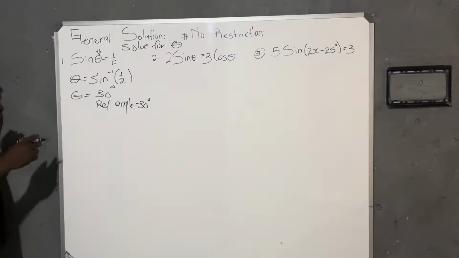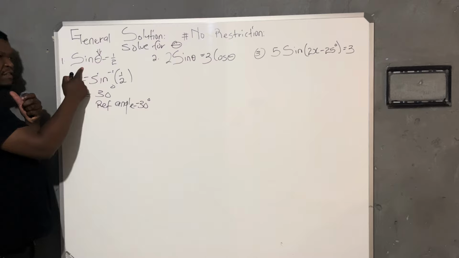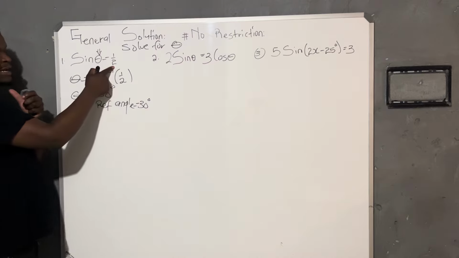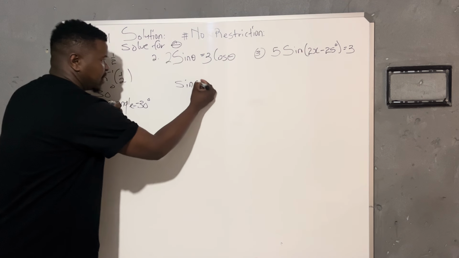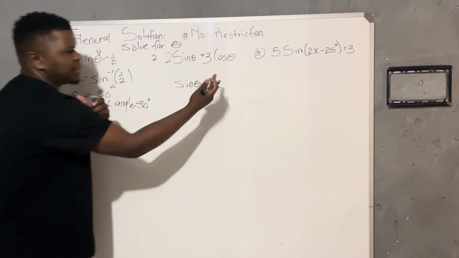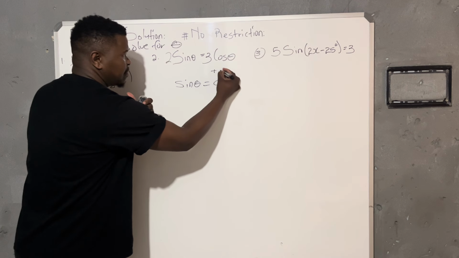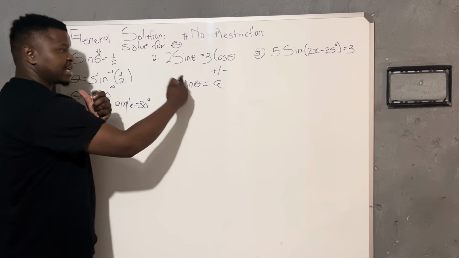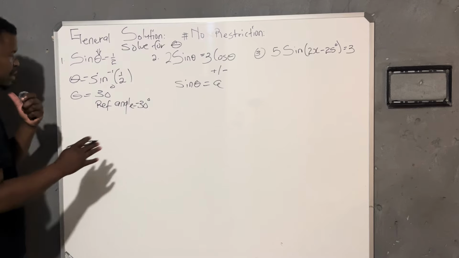Now, there are two things to consider here. We check the ratio, that is sine. We check the value of a, what is on the right hand side. Remember, this is in the form of sine theta equals a. A can be any value, and this value can be positive or negative. The ratio can be sine, cos, or tan.